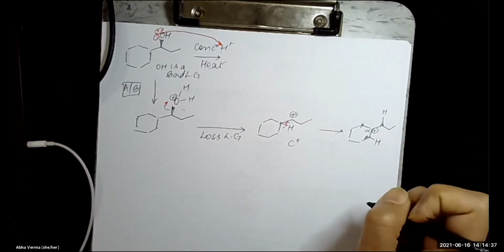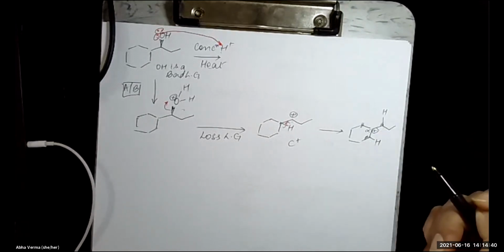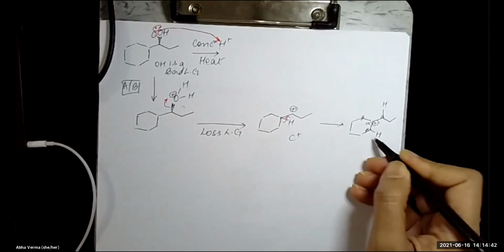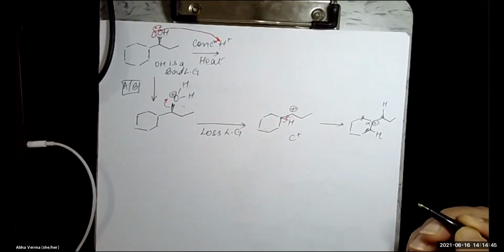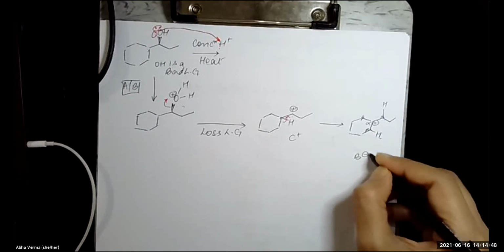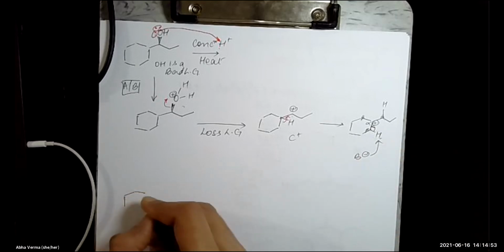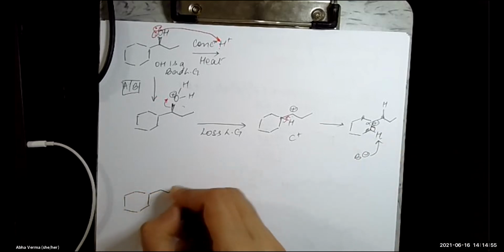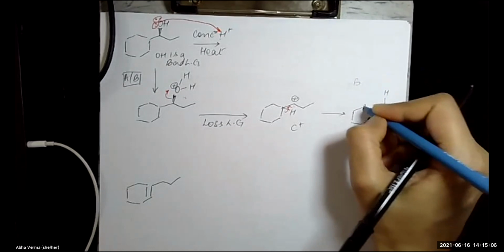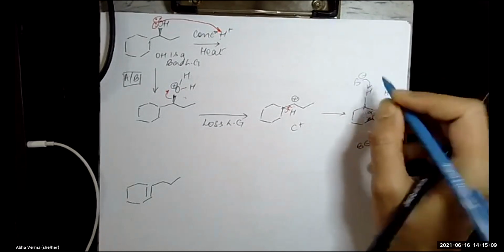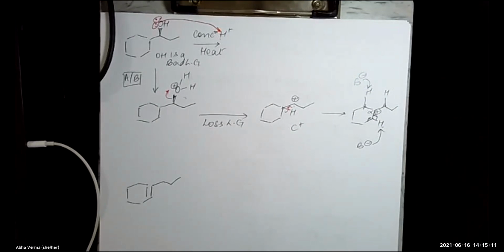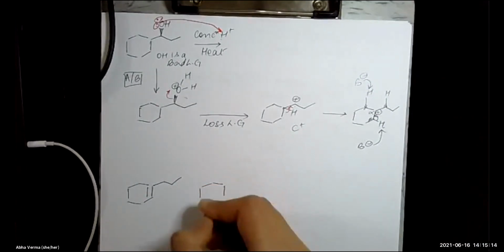Within all of these three you can choose any hydrogen. Why? Because all of them are going to give you a Zaitsev product. So if I choose this hydrogen, the base comes and abstracts this hydrogen, breaks this bond, I will get this particular product. If my base comes and abstracts this hydrogen, don't you think we are going to have the same product?